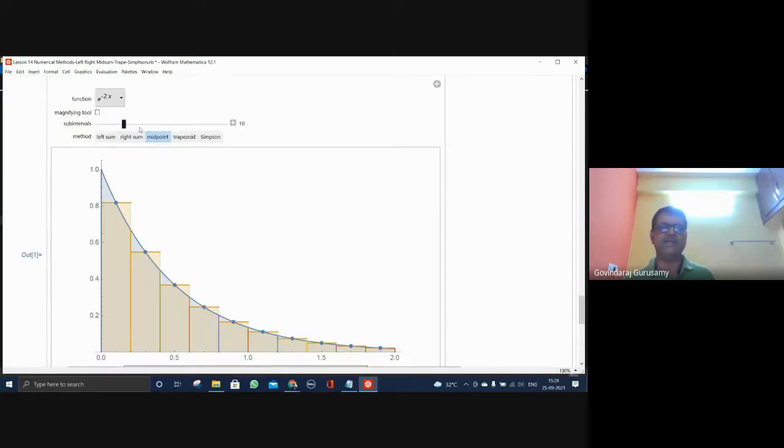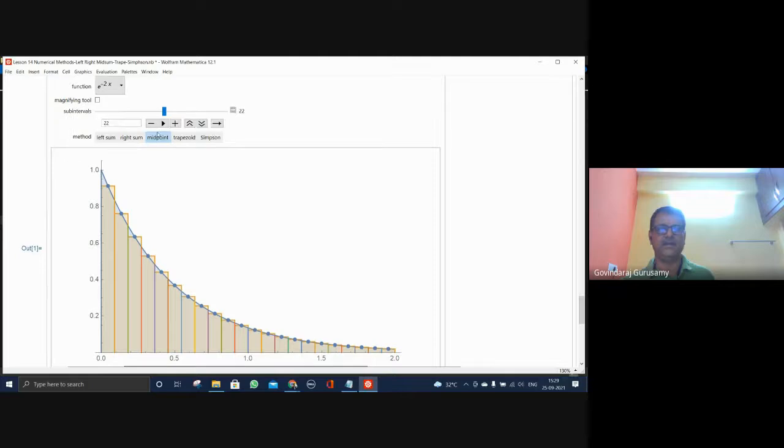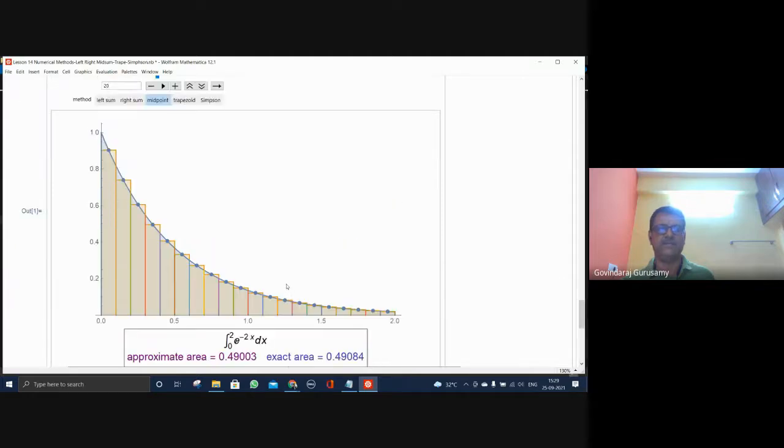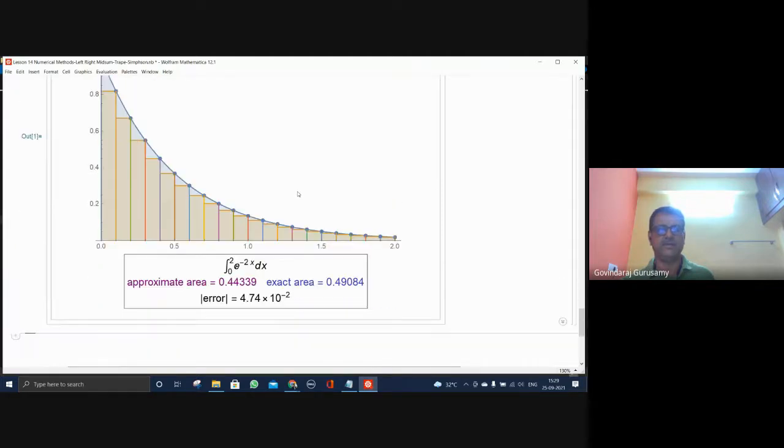The same thing happens with an increasing number of points for the right sum and left sum. If I make it 20, and look at this error you have here, 8.17 10 to the minus 4.